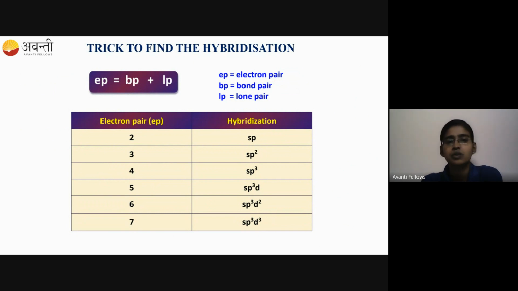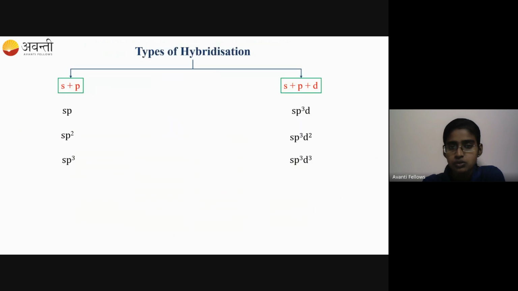Before explaining this, I'll tell you how we find out the hybridization using the complete theory. I'll teach that for only one system, the sp hybridized system. The rest is not required, since for the other things we can use the trick itself, but still, for your information, I want to take one type and explain it.